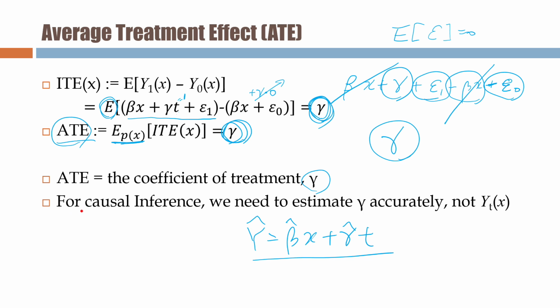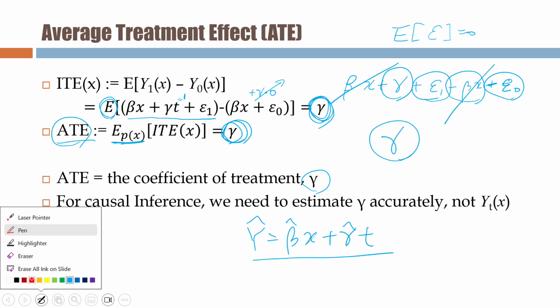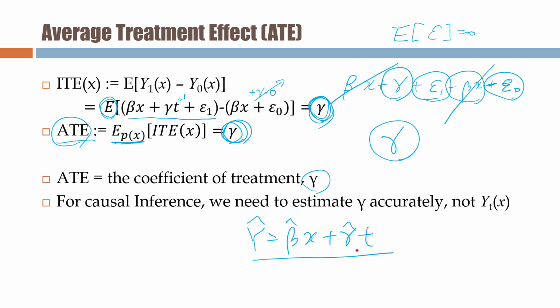So here, for causal inference, we have to estimate this gamma accurately. Gamma is my interest here, not y. Previously, I focused on how I can create a model that can predict y more accurately, but in this case, that is not true. I want to estimate gamma more accurately, not y.